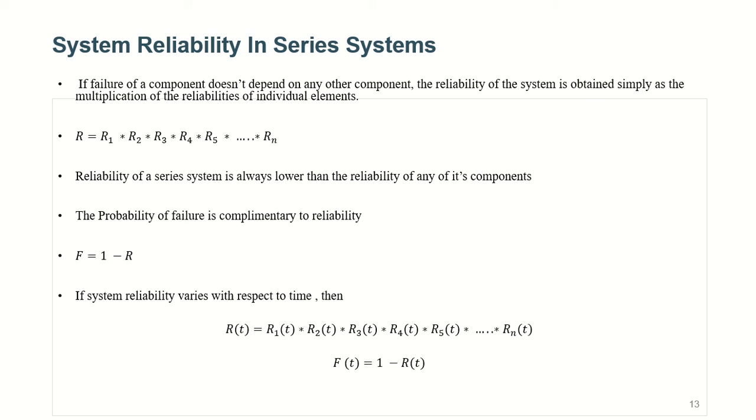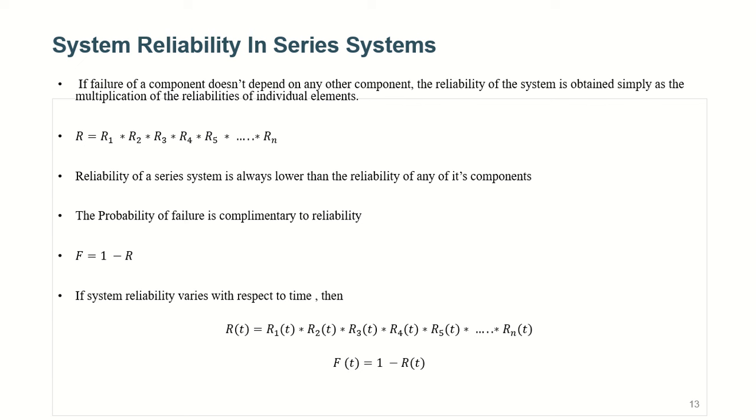Let's say you have a system which has two elements connected in series, R1 and R2, and your final reliability will be R. We will be taking the multiplication of R1 and R2. The value of R1 is 0.9 and the value of R2 is 0.8.